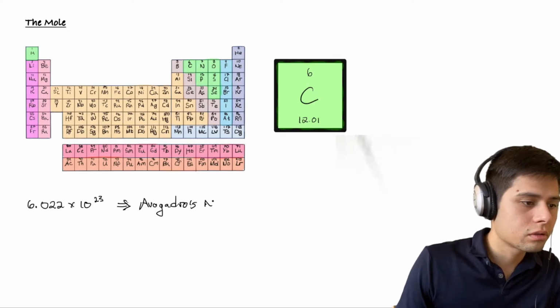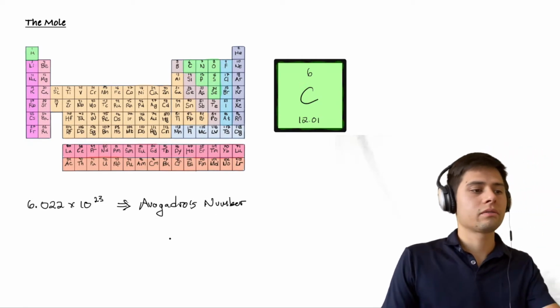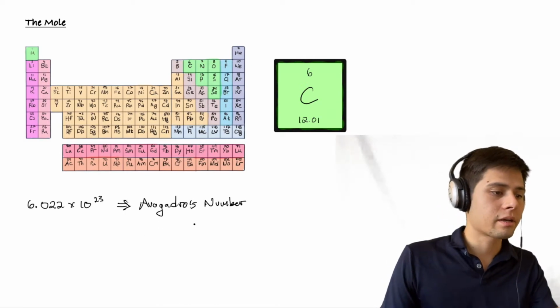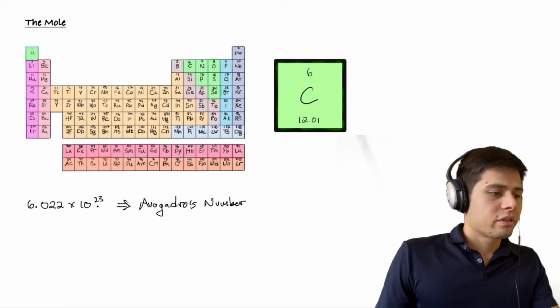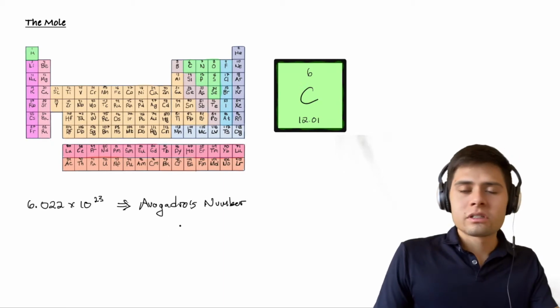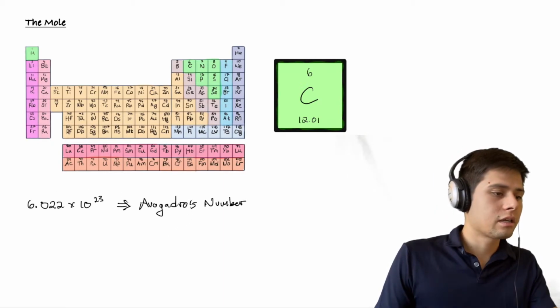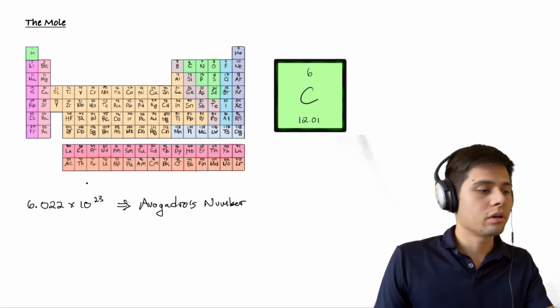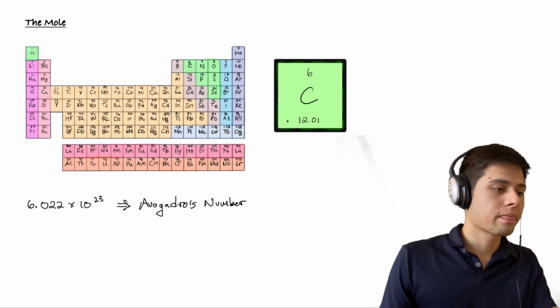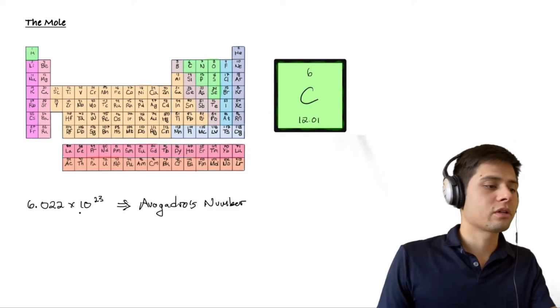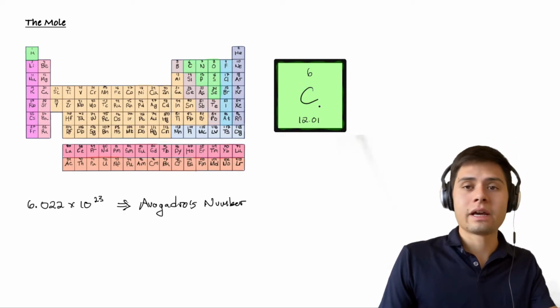Avogadro was a famous chemist back in his day, and he came up with this number, derived it from Boltzmann statistics, and he said, this is a mole. This is what a mole of anything is. A mole of carbon, for example, would be 6.022 times 10 to the 23 carbon atoms.